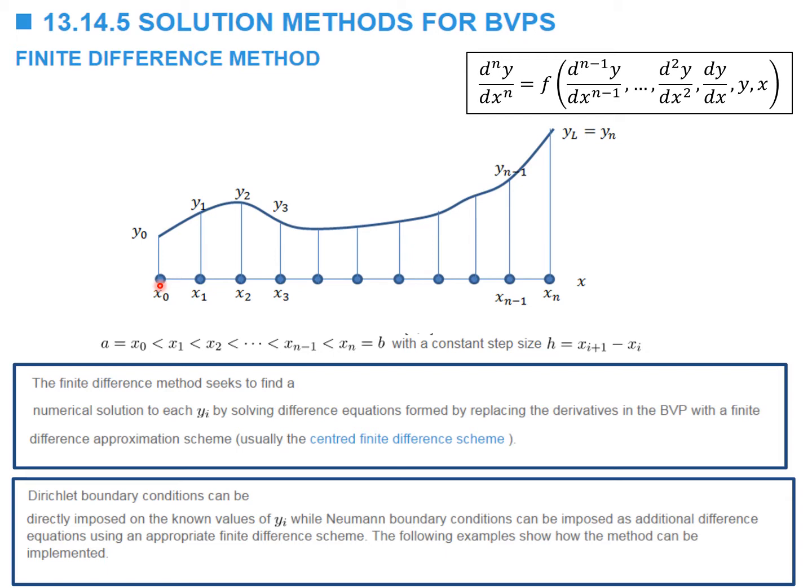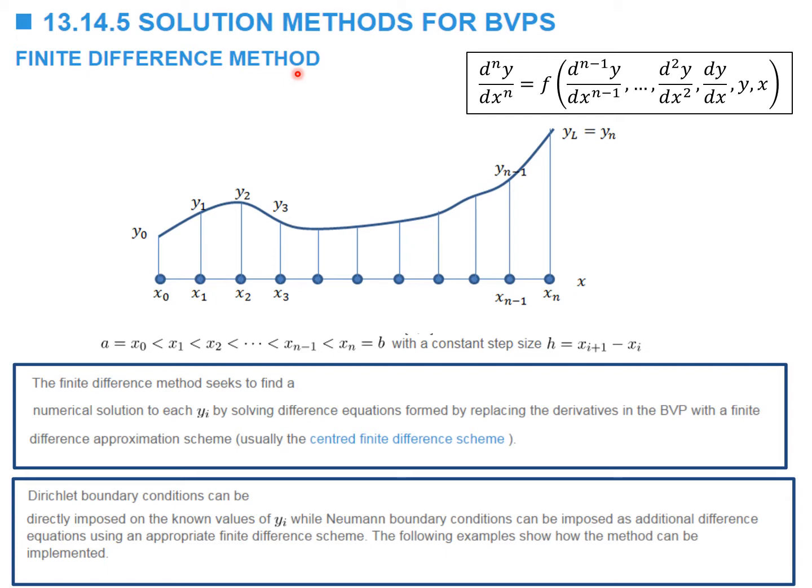or from point A to point B. We divide the domain into n subintervals, where the step size of each interval is equal to h, x sub i plus 1 minus x sub i. The domain is divided, as I mentioned, into n subintervals, and we label the points as x0, x1, x2, and so on.